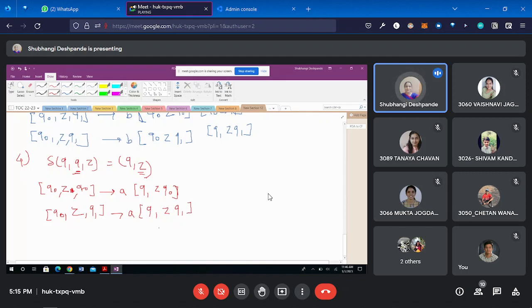this PDA rule. The next production which we will write from the given PDA rule as delta q comma a comma z, b a comma z is equal to q1 z.